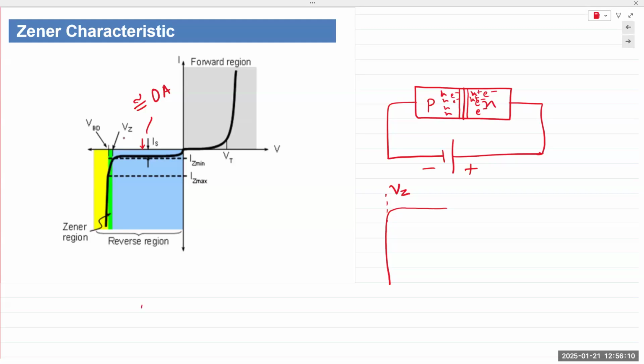So it's avalanche breakdown due to impact ionization. Zener breakdown only occurs in heavily doped PN junction diodes.